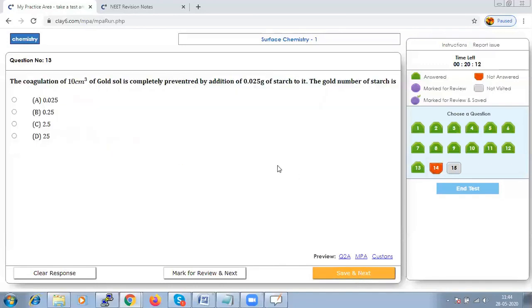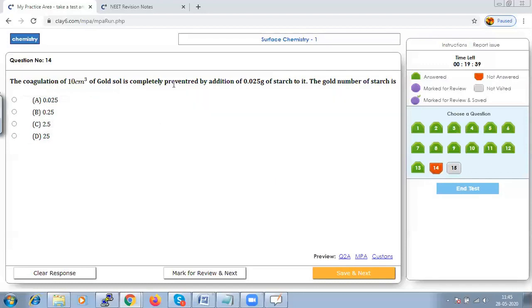The coagulation of 10 cm cube of gold sol is completely prevented by addition of 0.025 gram of starch. Do remember a concept, gold number. Gold number is the weight of protective colloid in milligrams which will prevent the coagulation of gold sol. We have to calculate the gold number of starch.